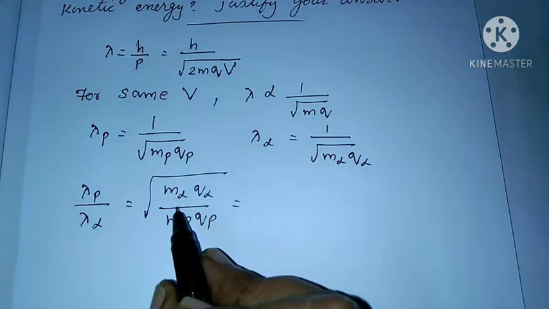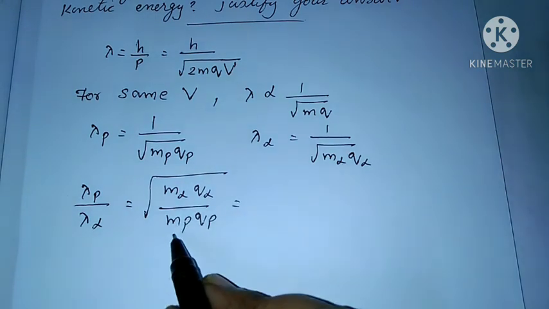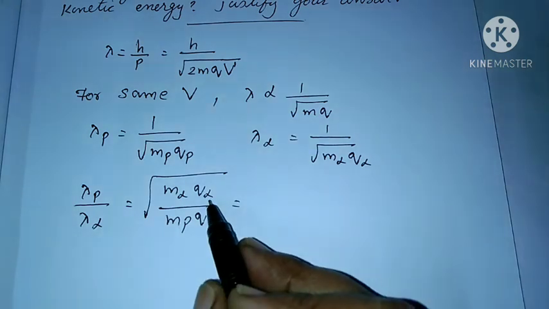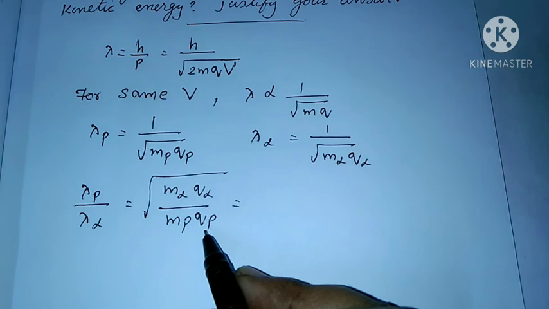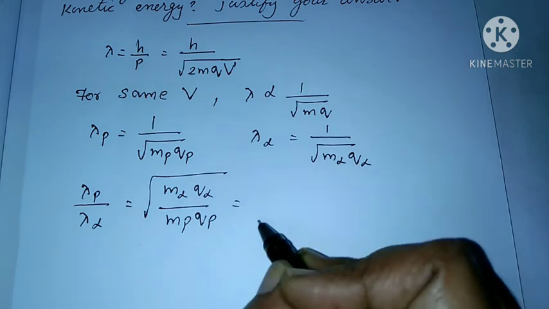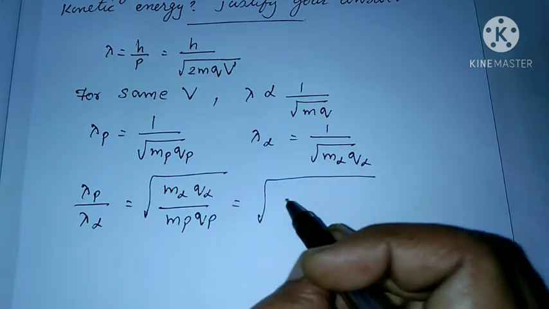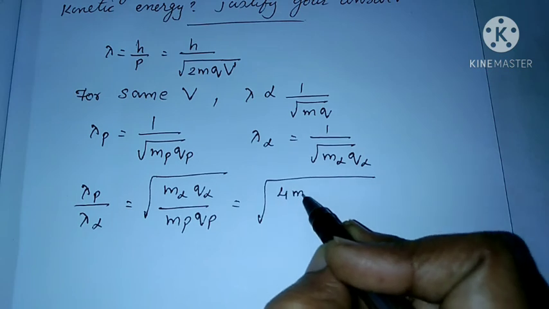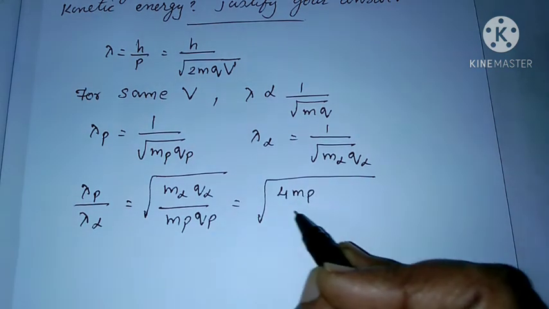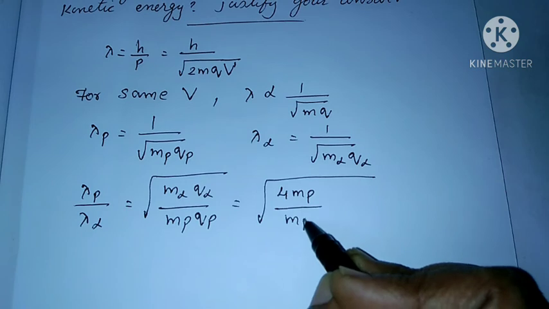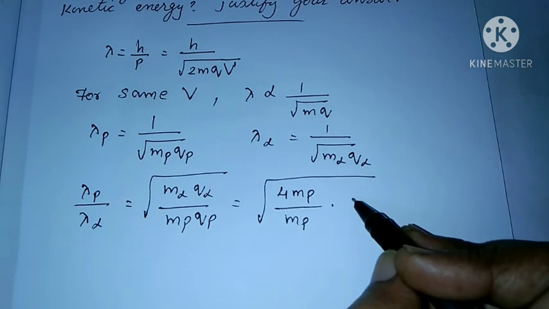So the mass of the alpha particle is 4 times the mass of the proton. You know that. And the charge of the alpha particle is 2 times the charge of the proton. So we can write root of 4 times the mass of the proton multiplied by 2 times the charge of the proton, divided by mass of the proton into charge of the proton.